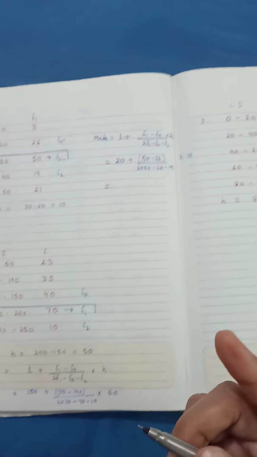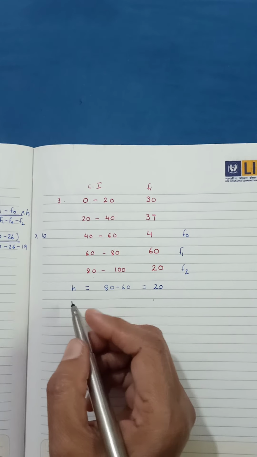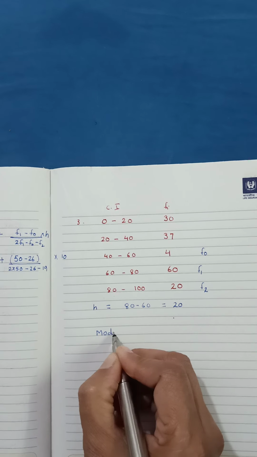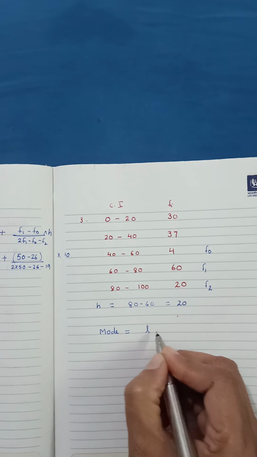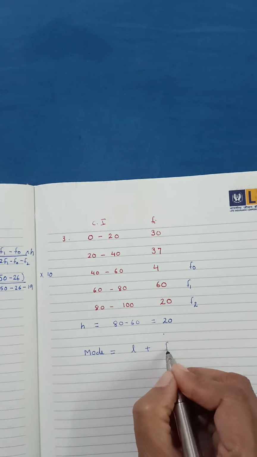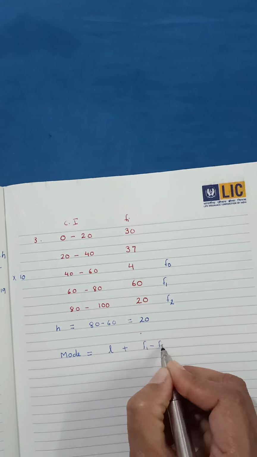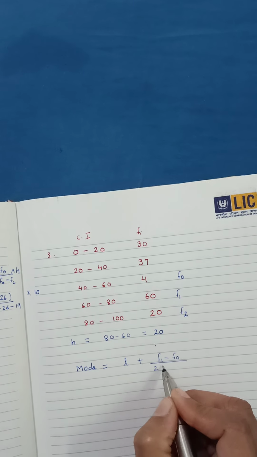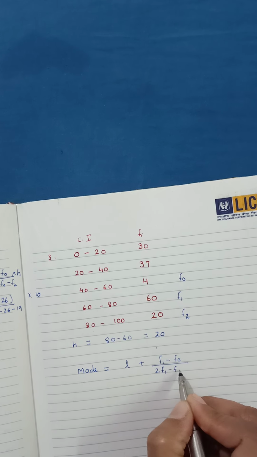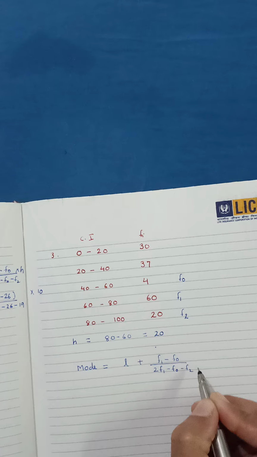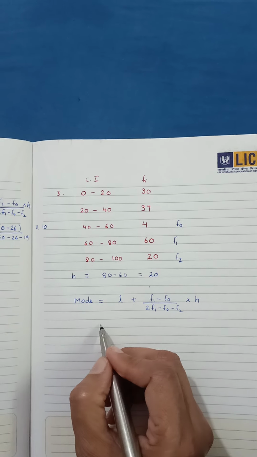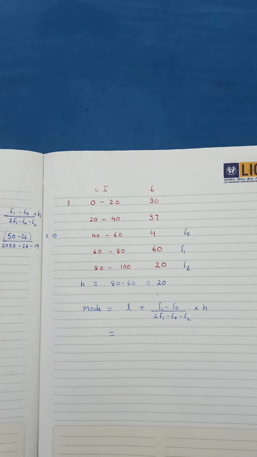Come on the question number 3. Again, write down formula. Formula it is mode is equal to L plus F1 minus F0 upon twice of F1 minus F0 minus F2 into H. To find L, what we have to check?